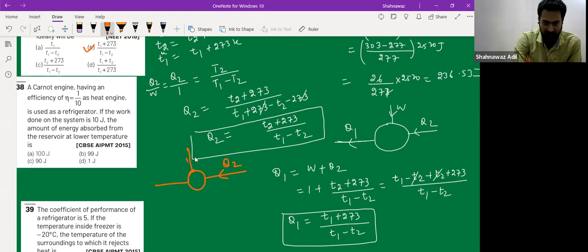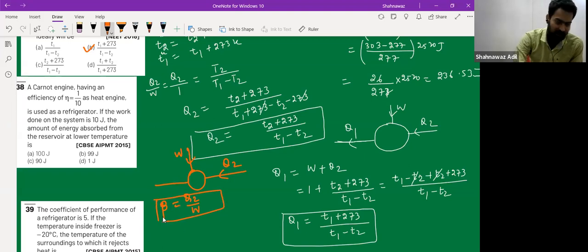We have done this question, you just need to calculate this. So this was Q2 by W, right? So please calculate and tell me the answer.